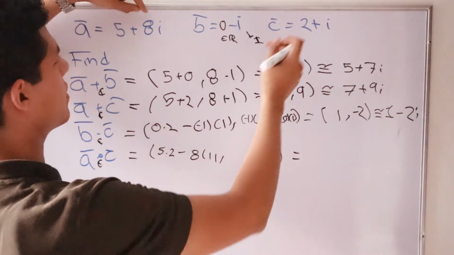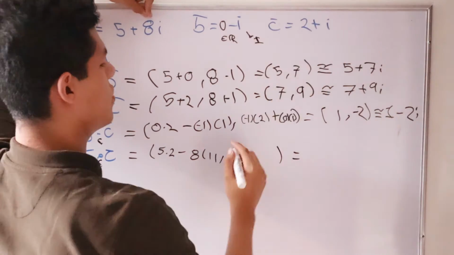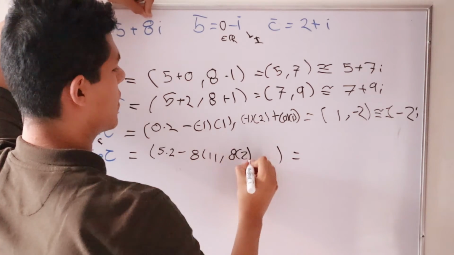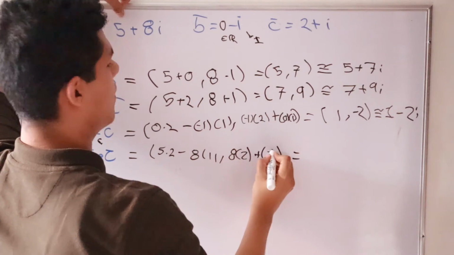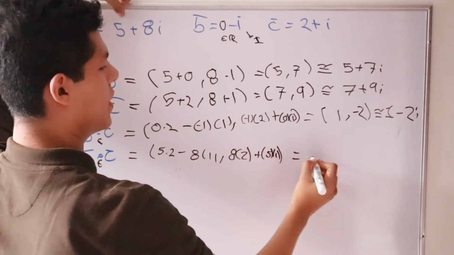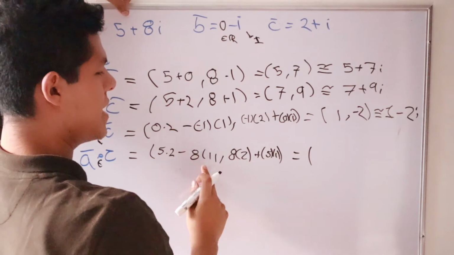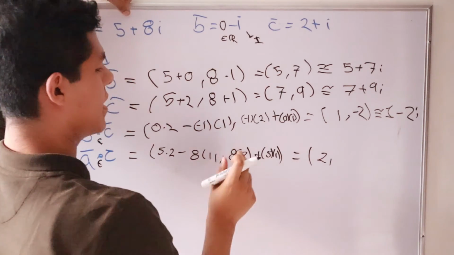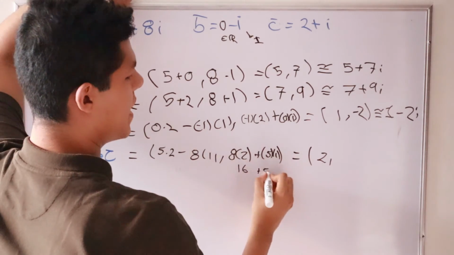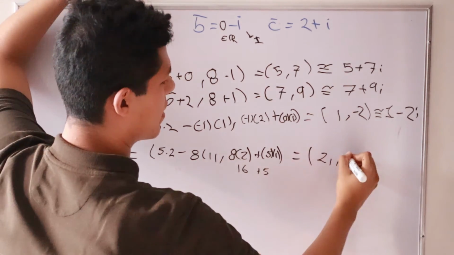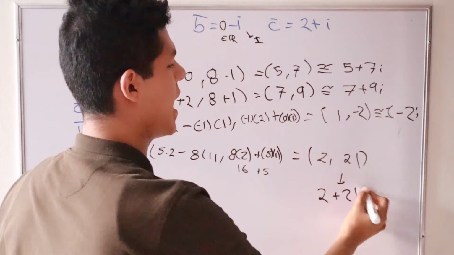And on the other hand, we have to multiply 8 times 2 and add it to 5 times 1. This is 10 minus 8, 2, and 16 plus 5, it is 21. So it is equivalent to the number 2 plus 21i.